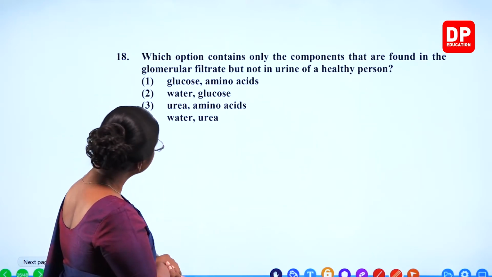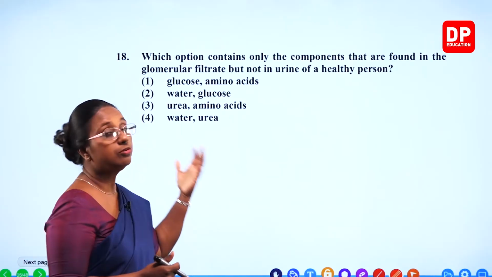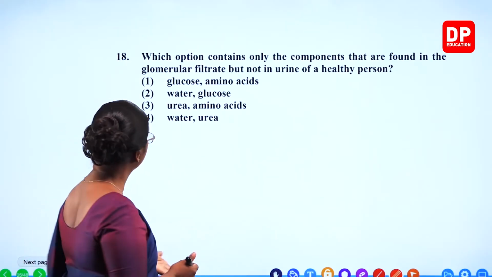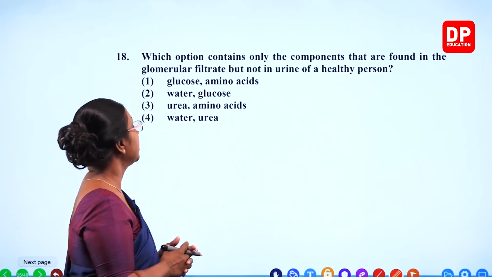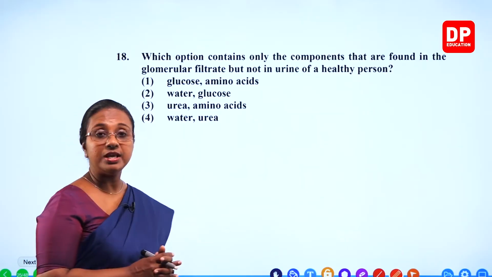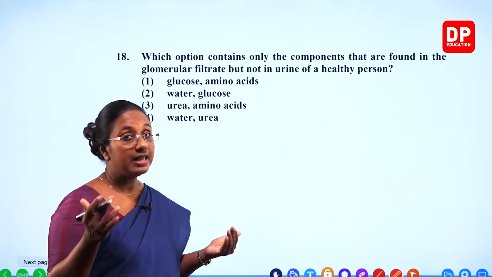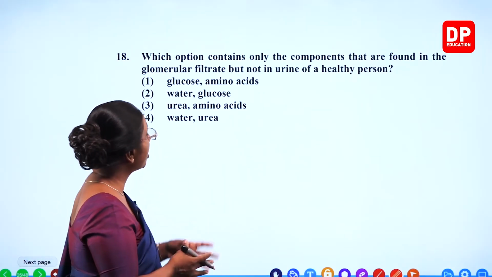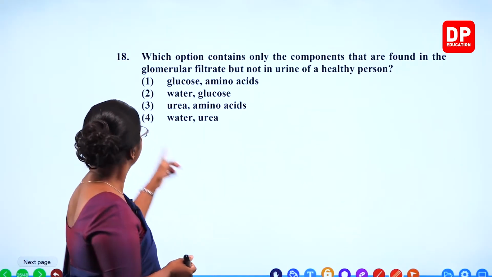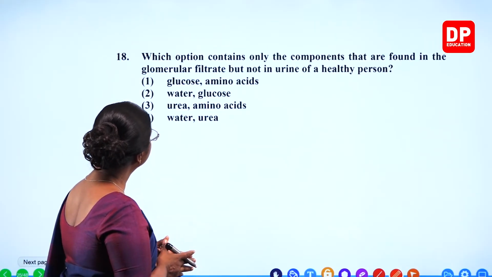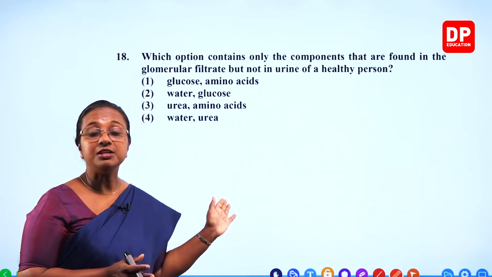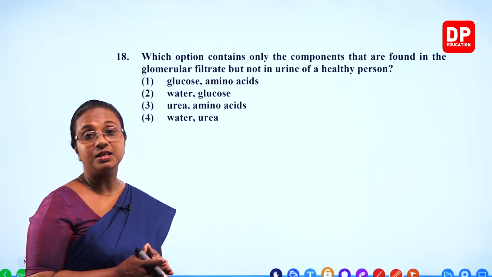Then water and glucose. Water, yes, but glucose cannot be present in urine. Urea and amino acid. Urea is the nitrogenous excretory product, urea, uric acid. They are present in urine but not amino acid. The same way, the fourth answer, water, urea. That of course can be present in urine.